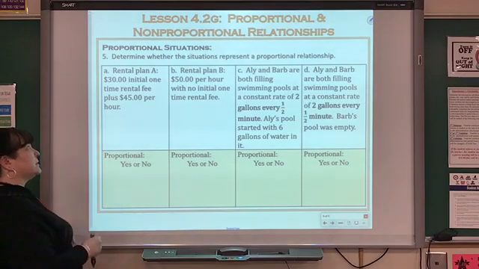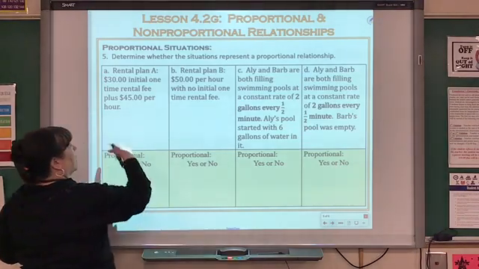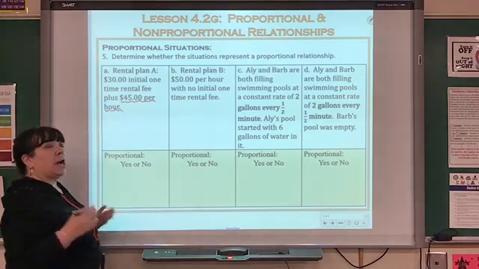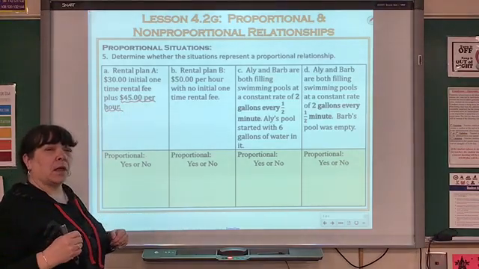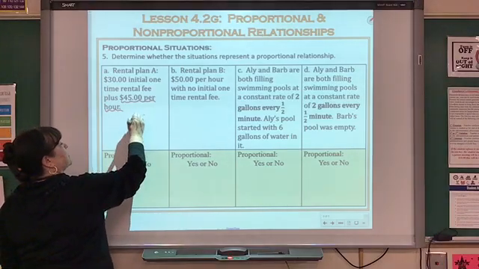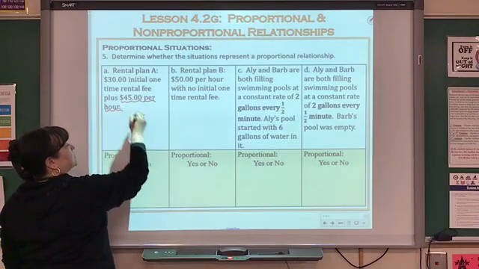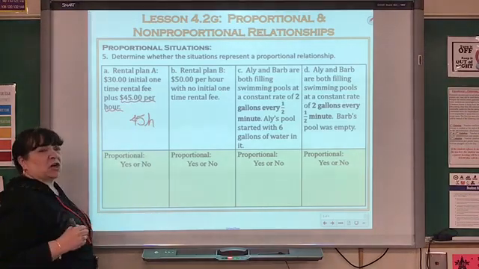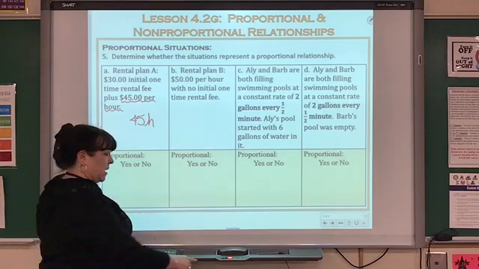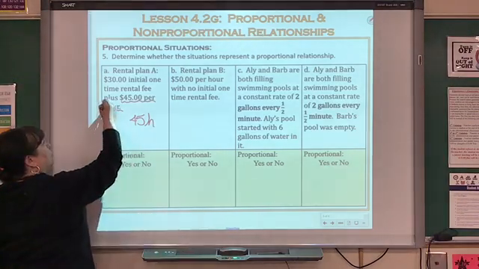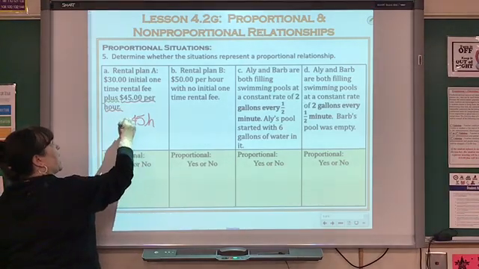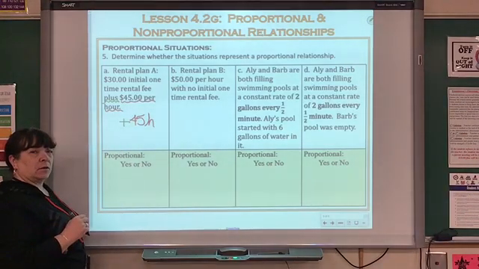All right, so right here I have $45 per hour. I know that's a unit rate. When I have a unit rate, I can write it as 45 times, let's just go hours. But also, look what else was in this. It had the word plus. That is being added on to something.